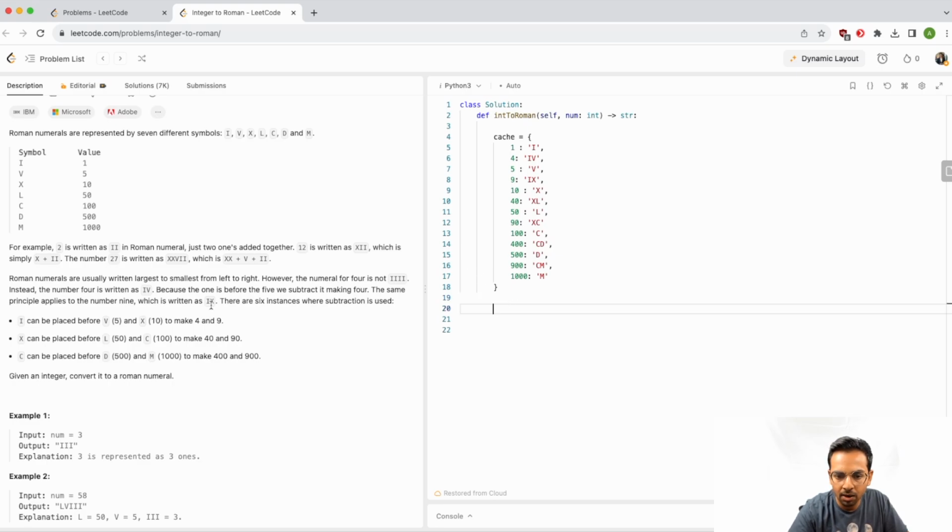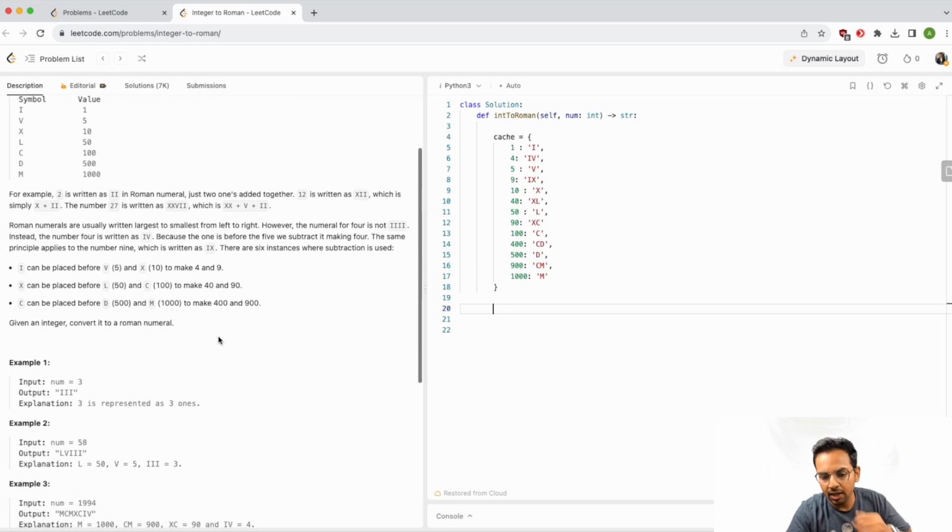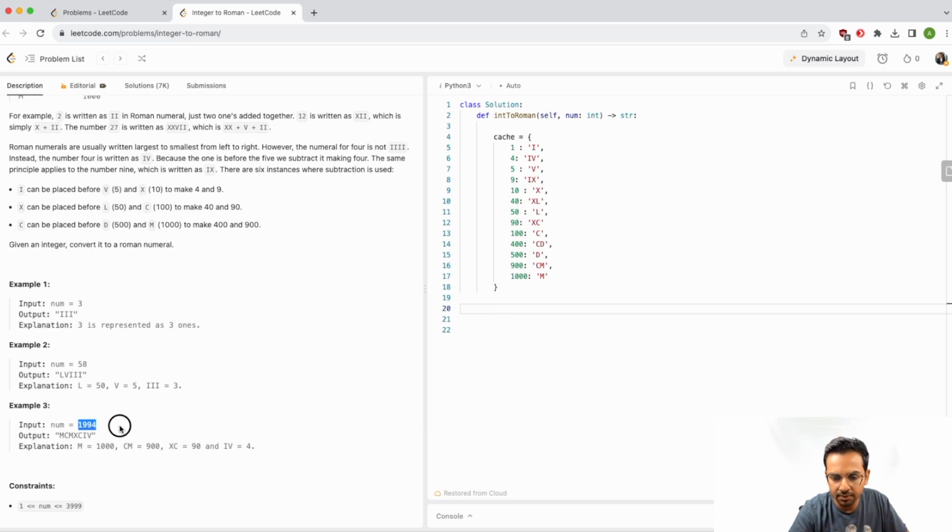How would we go about coding this? So the idea behind that is, if a number is represented as 1994, what we can do is see if there is any way to break it down like this, then it would solve our troubles, right?